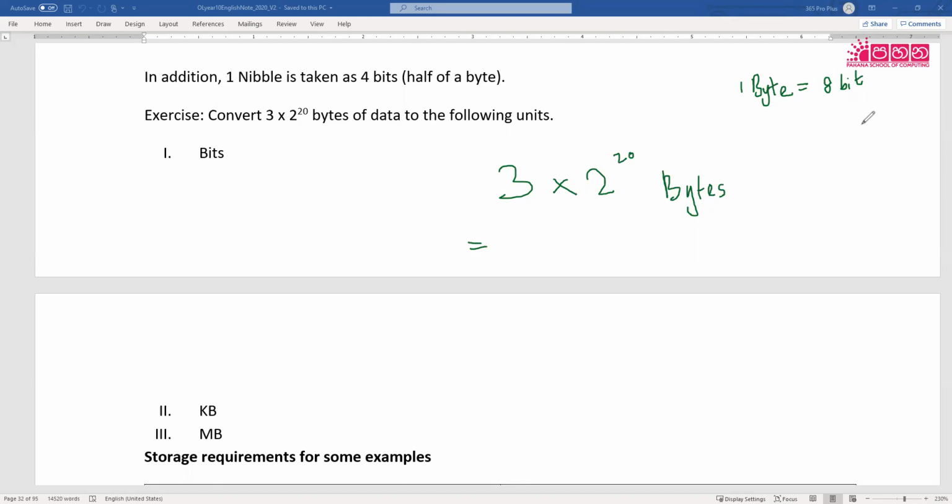So you have to multiply by 8. So that means 3 into 2 to the power 20 bytes, and 1 byte is 8 bits, so you have to multiply by 8 bits.